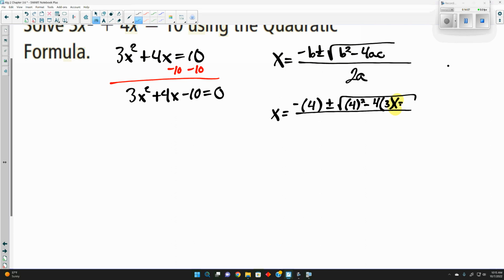Well, c is negative 10 all over 2 times a, or 2 times 3. And now the rest of this is just simplifying. Well, our negative 4 is going to be negative 4. The denominator, 2 times 3 is 6. And at this point here, we can plug all this into the calculator.